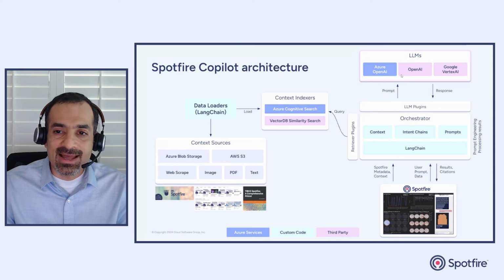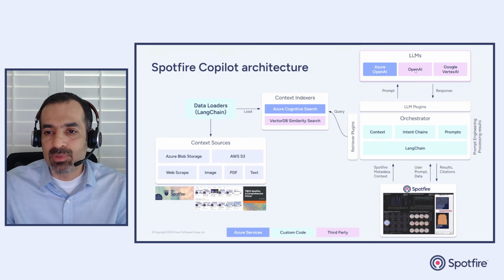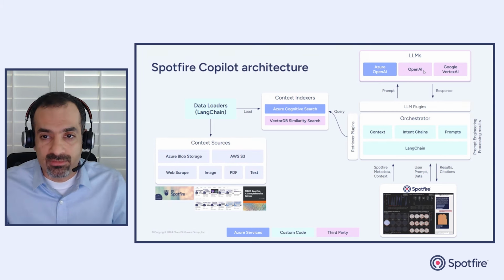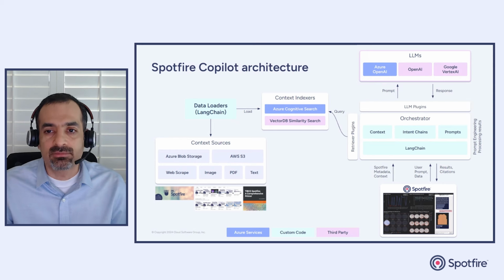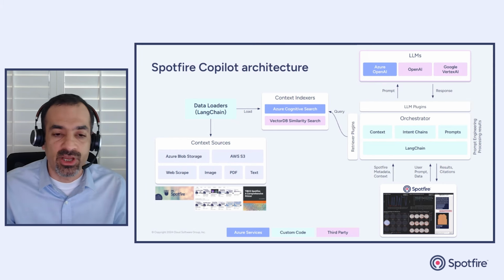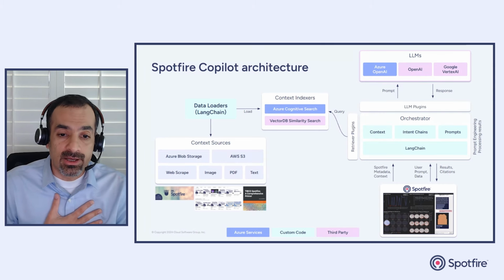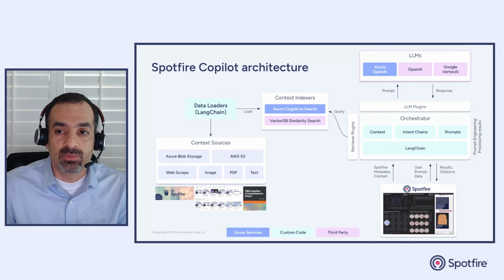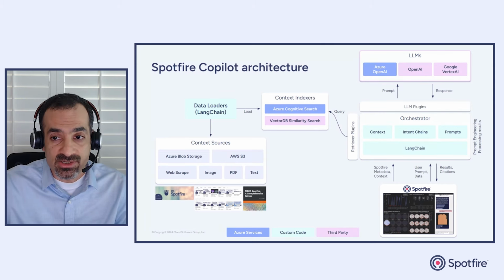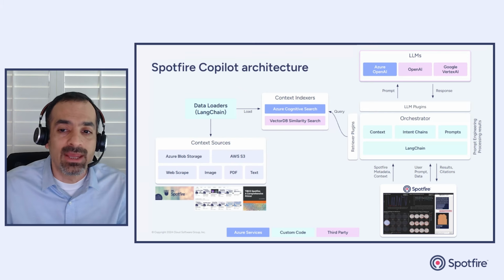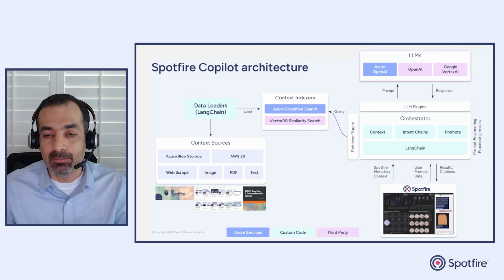A key point is that these names are examples, good high-level examples, like Azure OpenAI or Google Vertex or OpenAI. But again, it's agnostic. This is not something that Spotfire Copilot provides. It will be your own LLM of choice. So you can point it to any API endpoint for your LLM.